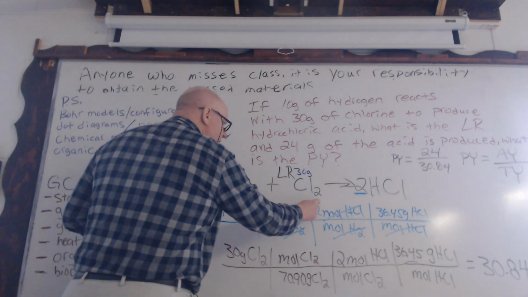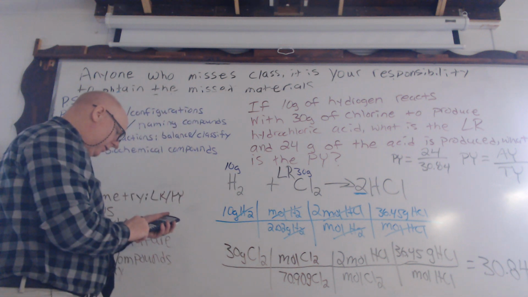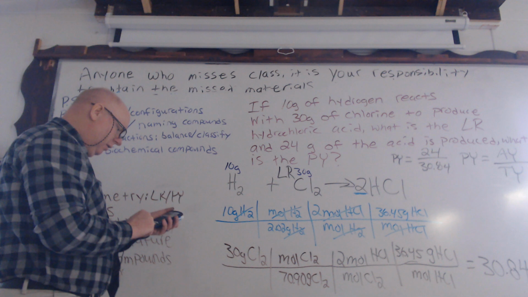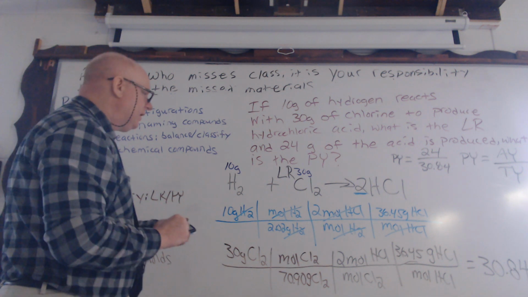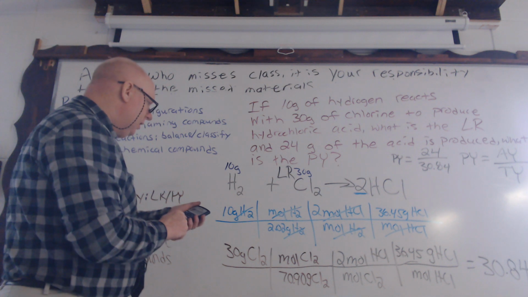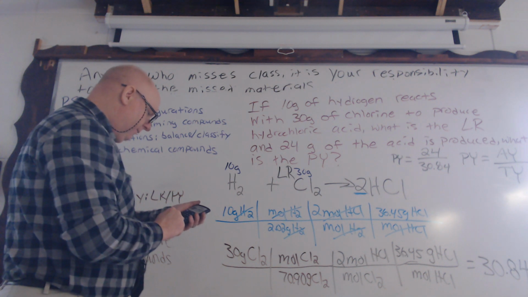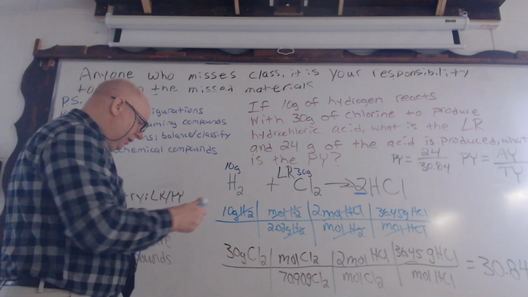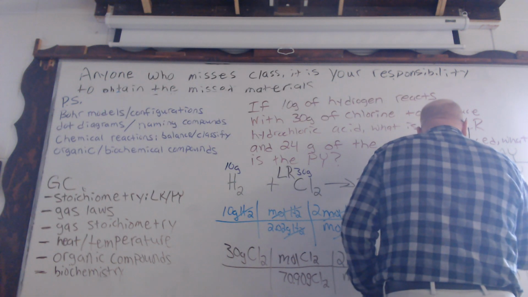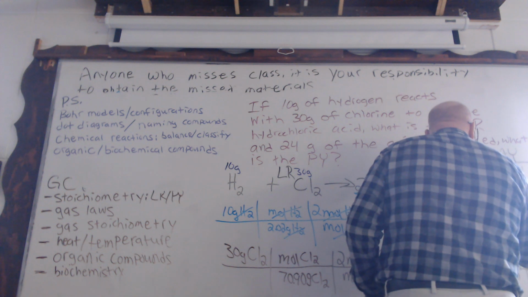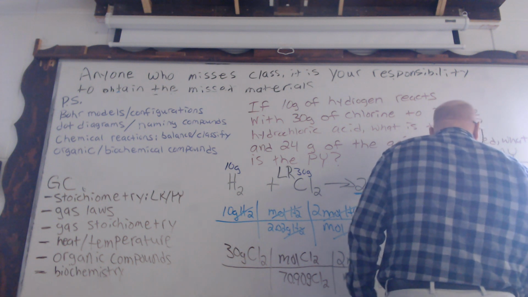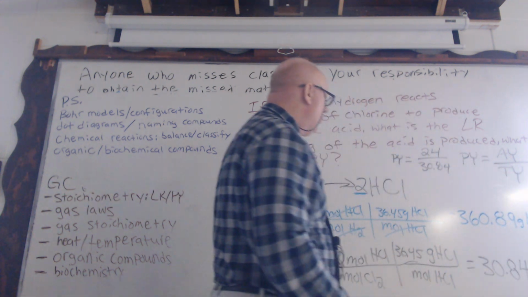So then, upon doing this, 10 times 2 is 20, 20 times 36.45 gives you 729, and then we divide that by 2.02. That gives us 360.89. Now, you might be asking, well, why was that important?